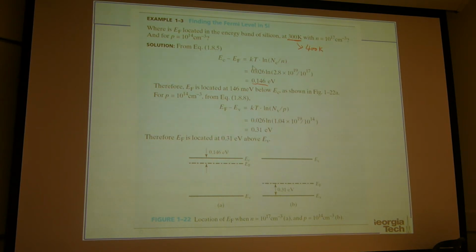And at 300K, this kT is 0.026 electron volts. You just need to get kT at 400K. So you know kT is the thermal energy in the unit of electron volts.